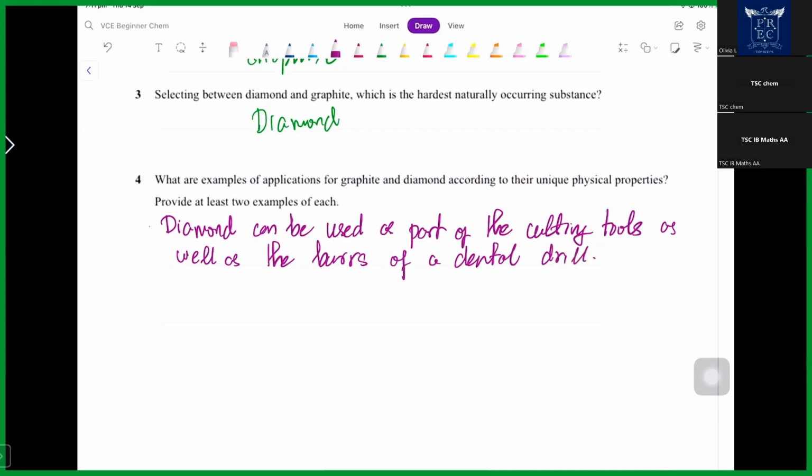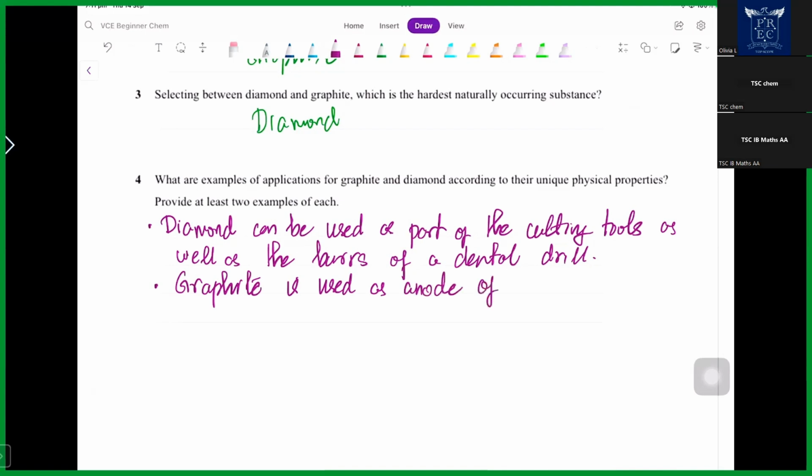And graphite is an excellent material for battery anode. Anode of rechargeable battery.